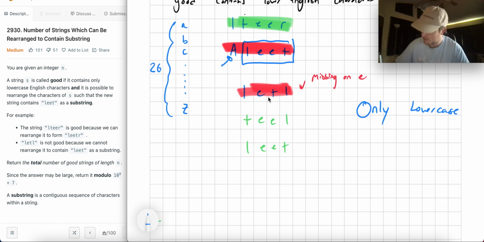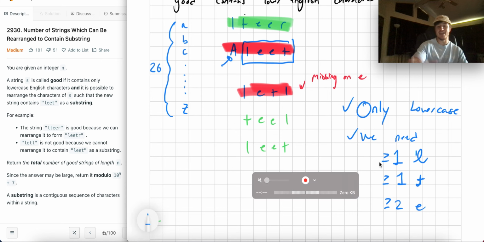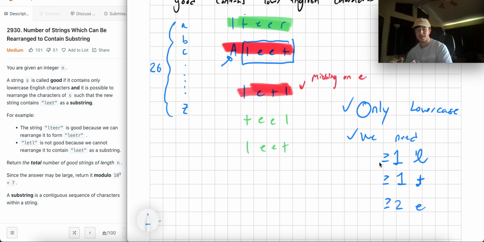And we need at least one L, so I'm going to put greater than or equal to one L. We need at least one T. And we need at least two E's. I'll draw my T like this so you can tell it's a T and not a plus. Okay? So that's all we need for this to work. If we have this condition and this condition, it works. Because even if the L and the E's and the T's aren't in the right order, well, we can rearrange. So as long as we got the ingredients we need, we can reorder that baby and make it A-okay.